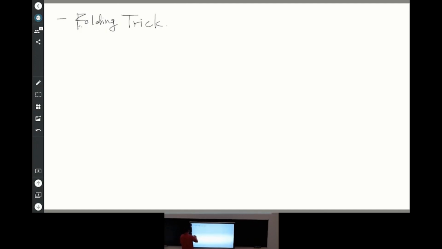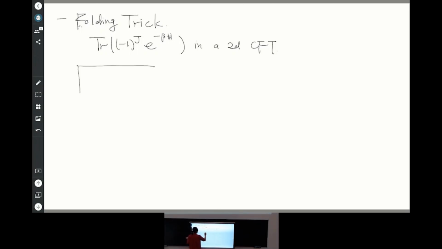To keep things simple and to explain how the folding trick works in the most naive setup, let me just focus on the trace of (-1) to the power j e to the minus beta H in a 2D CFT. To evaluate this twisted partition function, I have to evaluate the path integral on a torus.